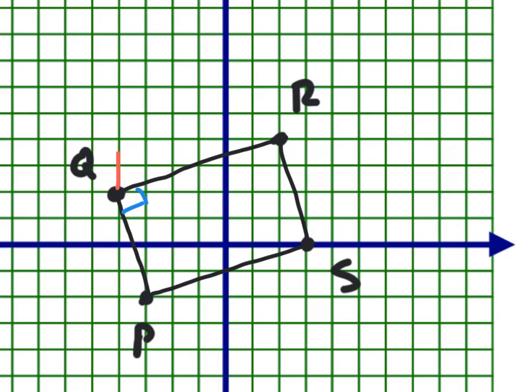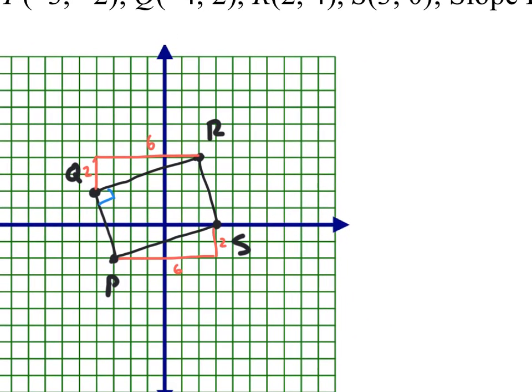We know that QR, let's just draw our little right triangle in here to see what we've got. We go up by 2, and we go over by 1, 2, 3, 4, 5, 6. Same thing over here. We go over 6, we go up 2. So the slope of QR is equal to 2 over 6, which is 1/3, and it's positive.